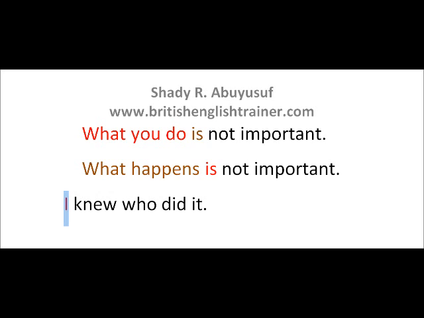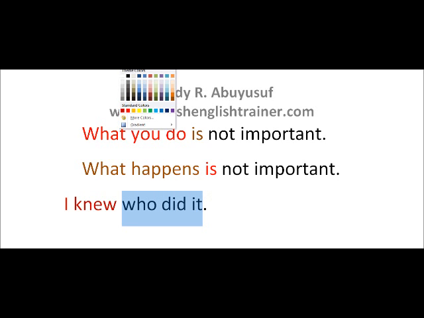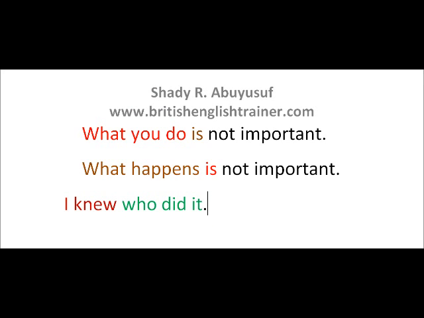And then we've got knew. Knew is a verb. So we've got I as a subject, knew as a verb. And what about who did it? Who did it is a noun clause used as an object. Fantastic. So we've got I as a subject, knew as a verb, and who did it as a noun clause used as an object.